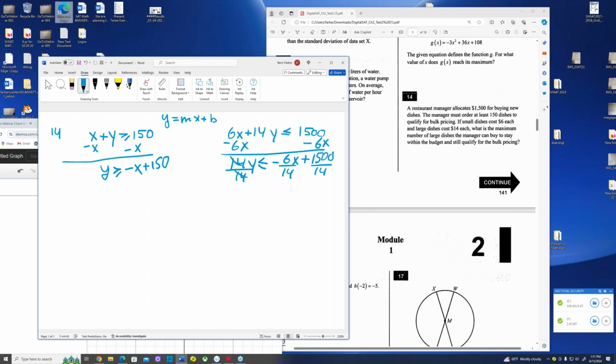Cancel, cancel. And this you can simplify. I can write y less or equal to negative 3/7 x plus, I divide numerator and denominator by 2, and this also can be simplified, or divide by your calculator.